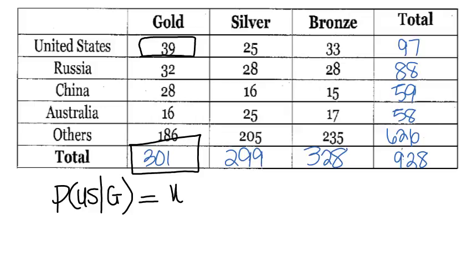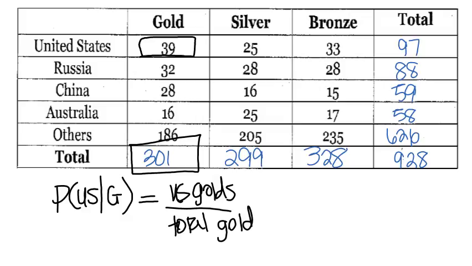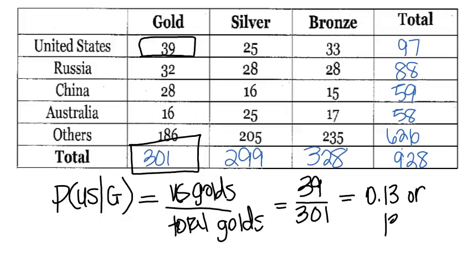So it's the U.S. golds over the total golds. So that's going to give me 39 over 301, which is about 0.13 or 13%.